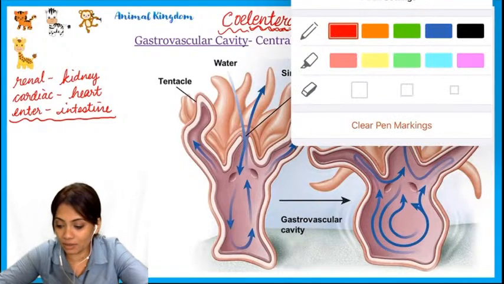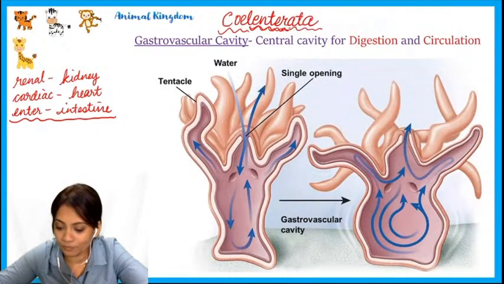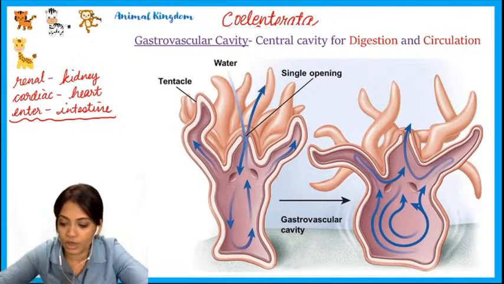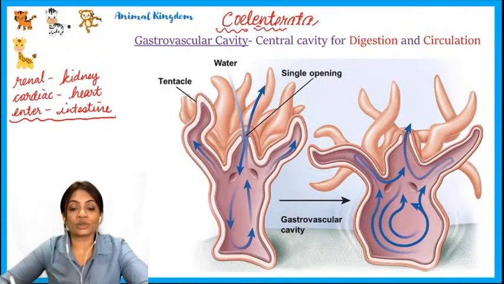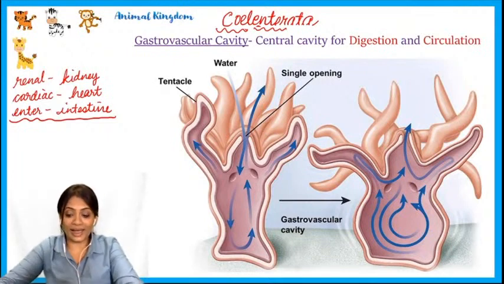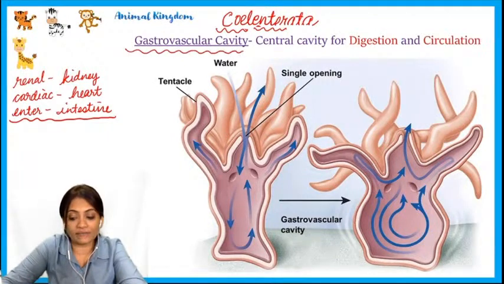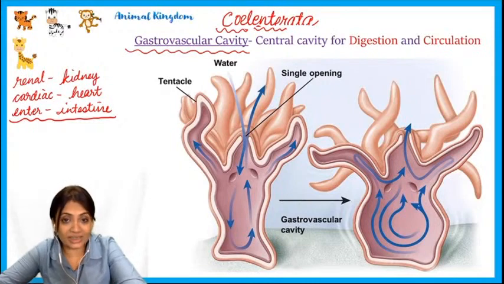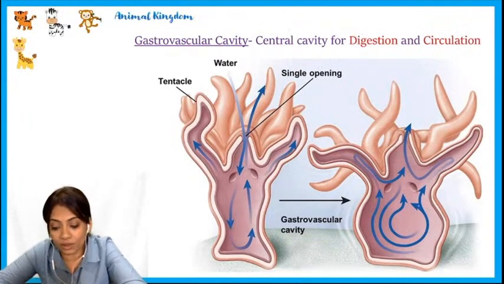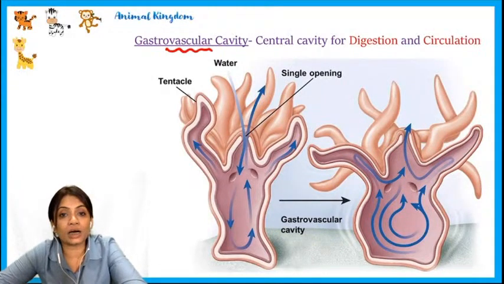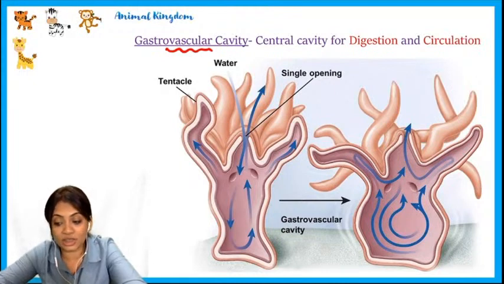Okay, let's see here. Let me just erase that. Okay. So basically these are animals which are having a cavity in their intestines. Okay, so that's why this is also called as a gastrovascular cavity. Okay, and this cavity is called as a gastrovascular. Gastro, why is it called as gastro? Because gastro means digestive, and the word vascular means blood vessels, or rather you can call it as a circulation.